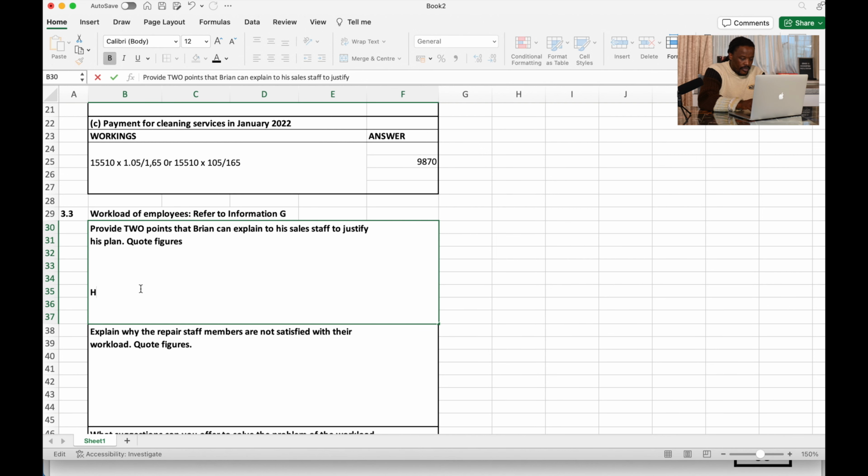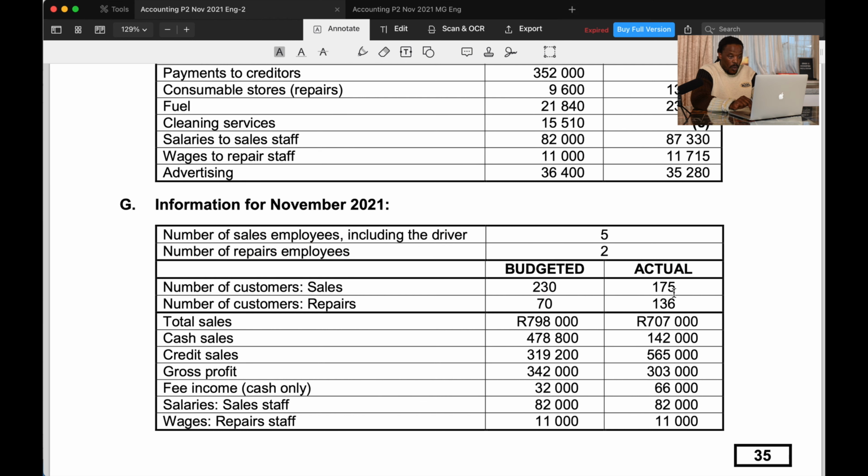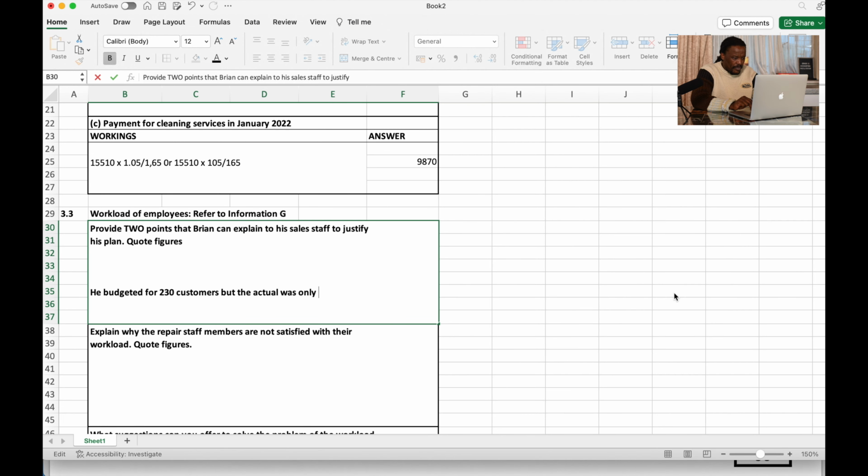He budgeted for 230 customers, but the actual was only 175. You quote figures, and you quote 2 figures.